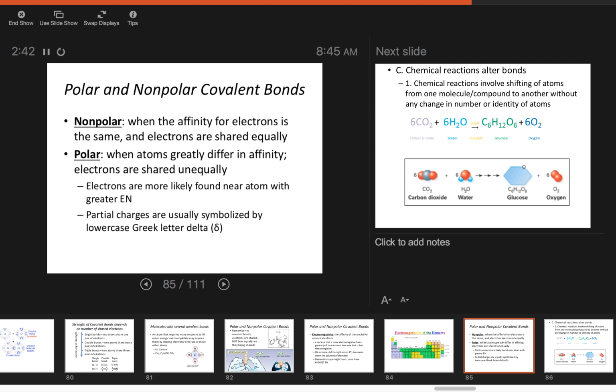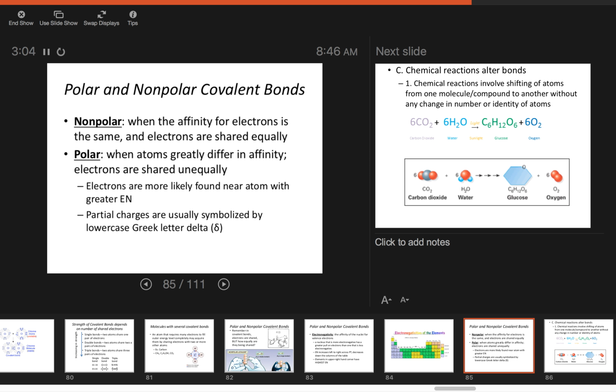They share their electrons because remember, hydrogen has 1 valence electron. Chlorine has 7, so they will share, but this electron will be hanging out with chlorine more than it does with hydrogen. And as a result, you get a partial charge.